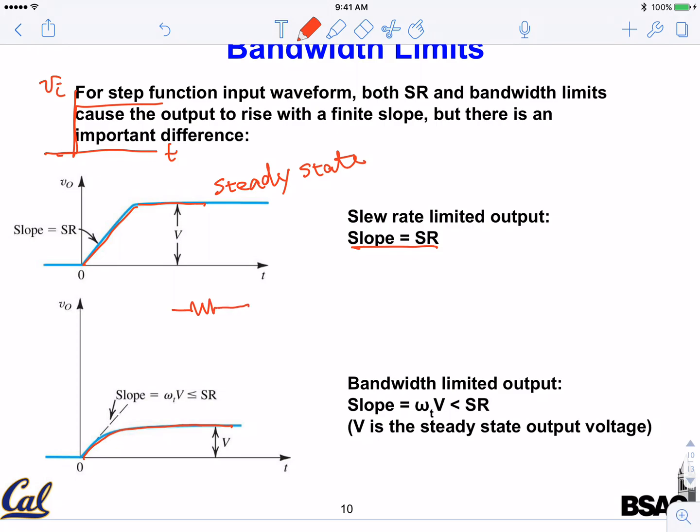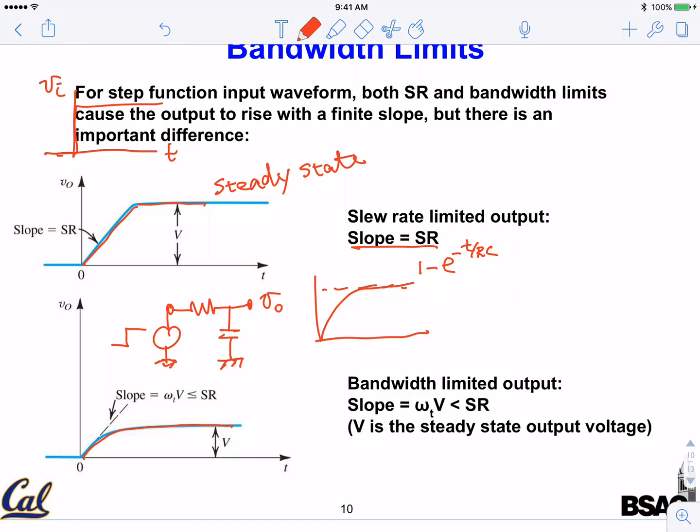If you are charging a capacitor through a resistor, with a step input your output will look like 1 minus exponential, 1 minus e to the minus t over RC.